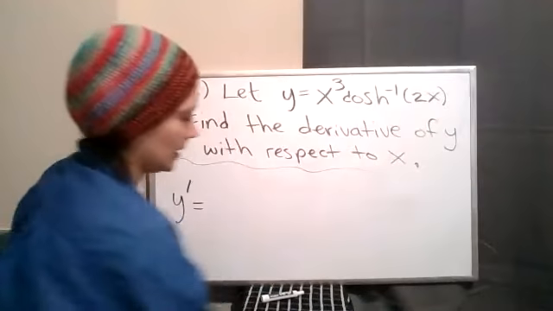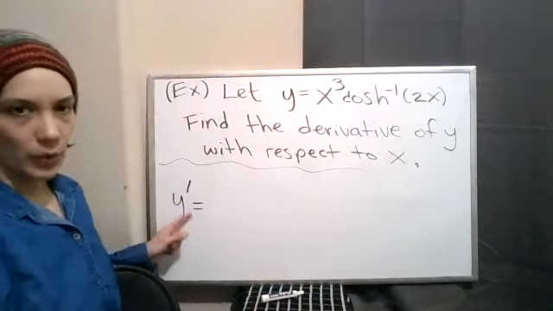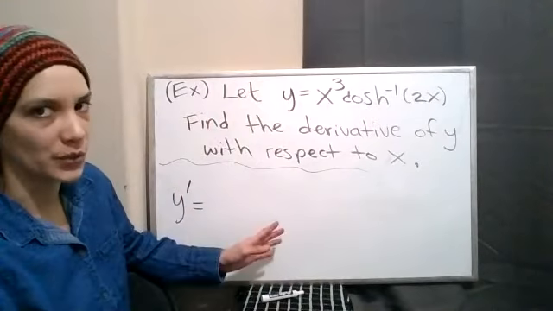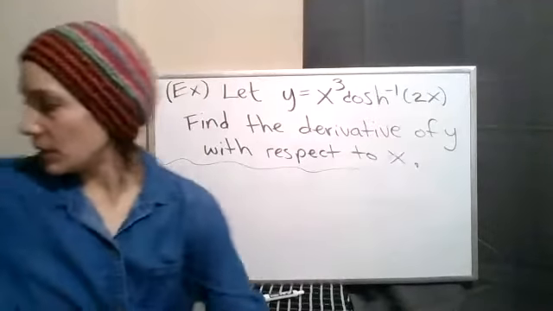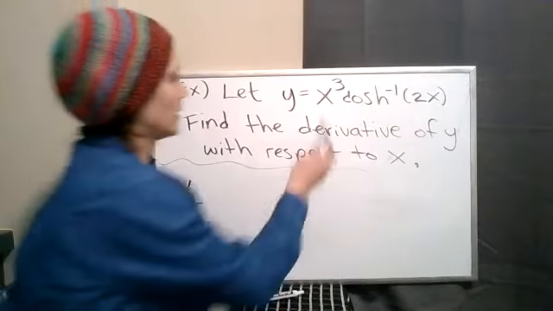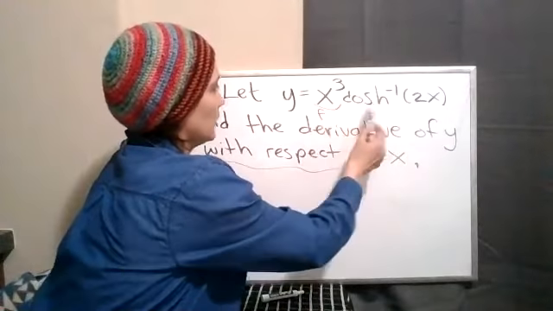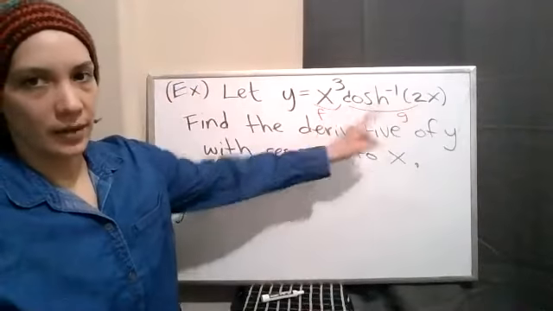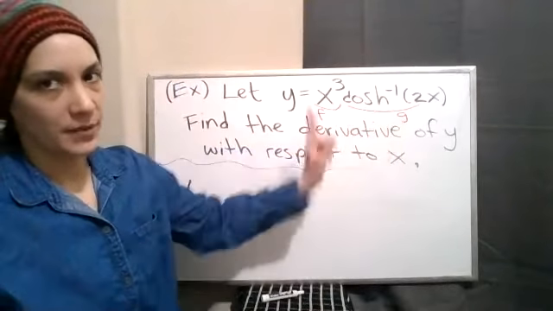Okay, so that would be y prime, and y prime will involve a product rule. So we're multiplying x cubed, and I'm going to call that my f function. This is going to be g, and you're doing f prime times g plus g prime times f.